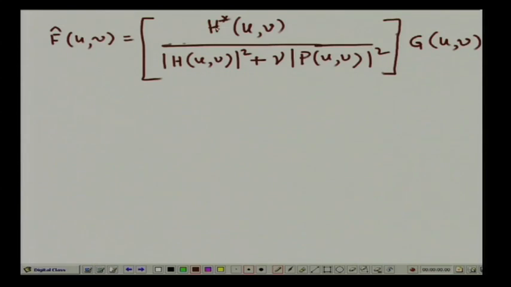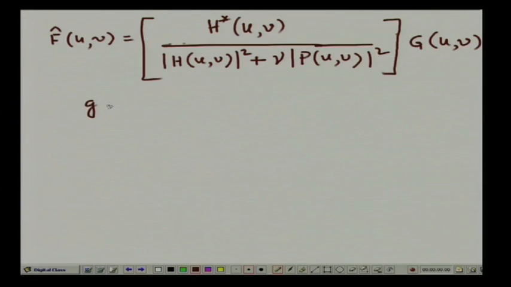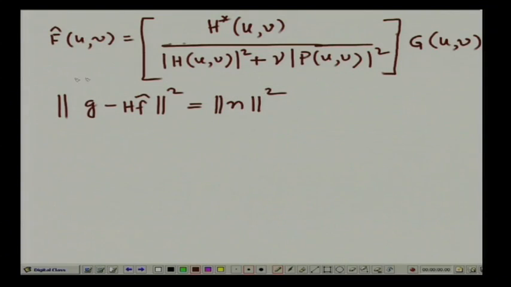Again, as before, H star indicates the complex conjugate of H. Here we have a constant term gamma, which is to be adjusted so that the specified constraint, that is g minus H f hat squared equal to n squared, is met. So, gamma is a scalar constant whose value is adjusted so that this constraint is maintained.